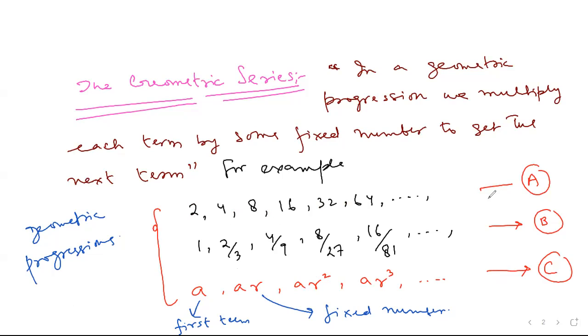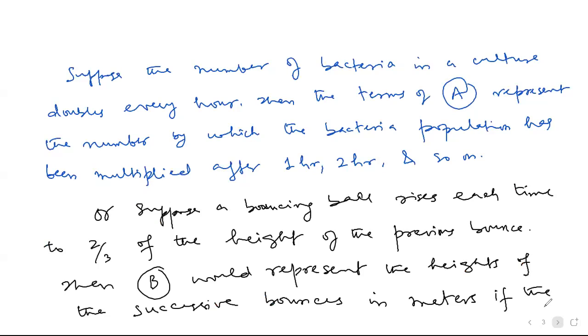In the first example A, the fixed number was 2. R is 2. In the case of the second one, that is B, the fixed number was 2 by 3. A was the first term. In the first example A, it was 2. In B, it was 1. Right? Then we talked of examples of geometric series. We talked of number of bacteria in a culture.